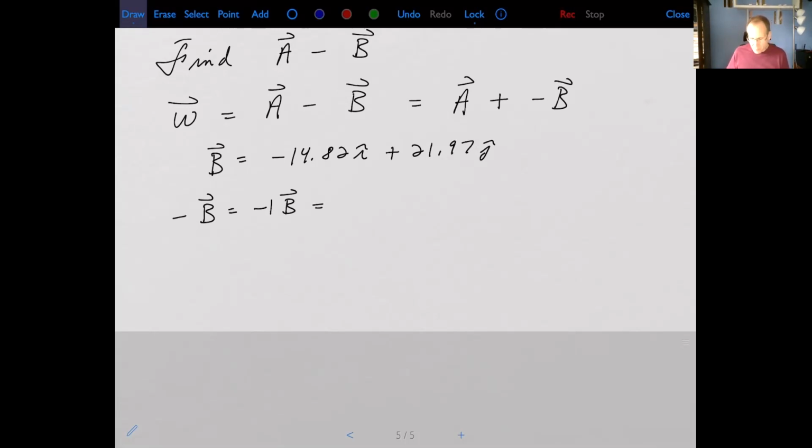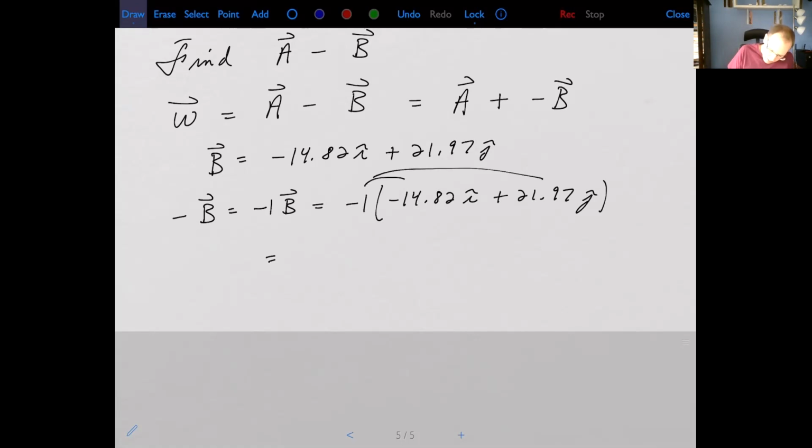You just multiply each component by that value. So this is -1 times (-14.82 I plus 21.97 J). If I distribute in the -1, it just changes the sign. It's going to be positive 14.82 I minus 21.97 J. Okay, so that's negative B.